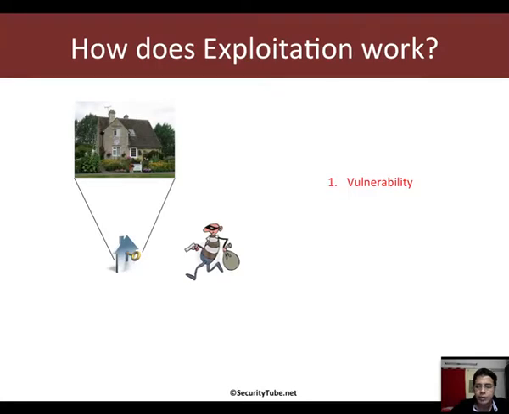Now, a robber having that other duplicate key or some other technique with which he can open this lock without having the original authorized key is what is the exploit. So the exploit is the robber's key or any other technique he uses. Finally, once the robber opens the door with his key, that is the exploit, and goes inside, then whatever he does is basically called the payload, which may include going ahead, grabbing all your jewelry, vessels and whatnot.